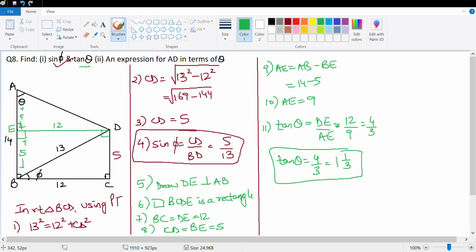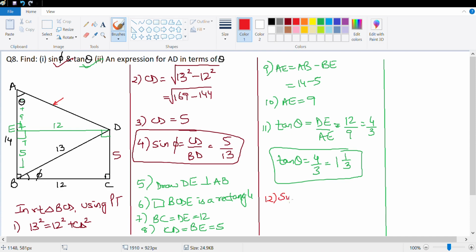Done. Next, we need to write an expression for AD in terms of theta. So let's see which trigonometric ratio uses AD. Since AD is hypotenuse, which means I will have sine, cos and their reciprocals. So let's just first work with sine.